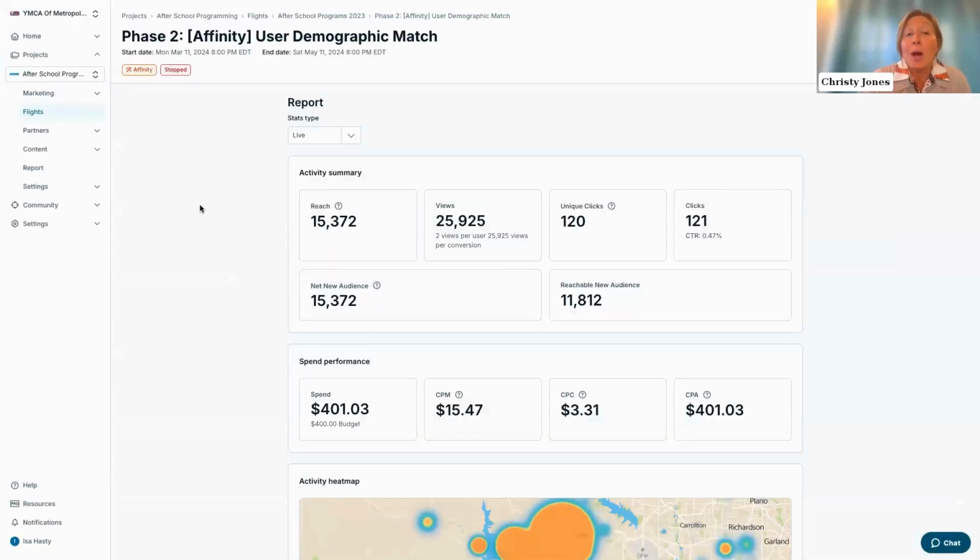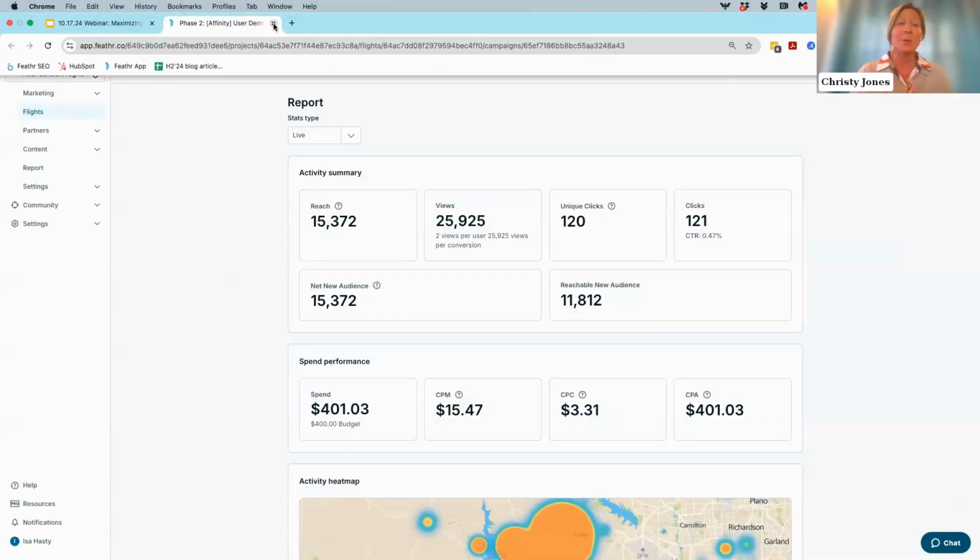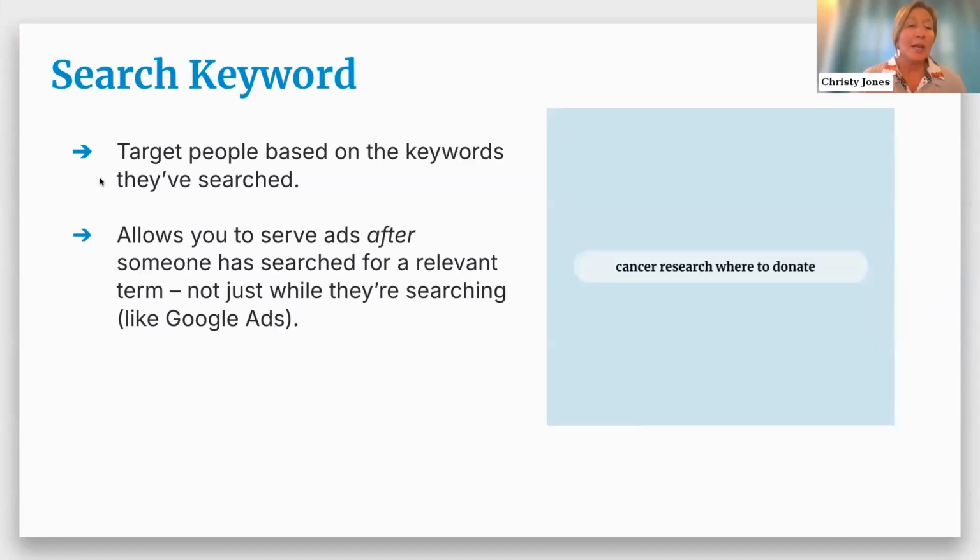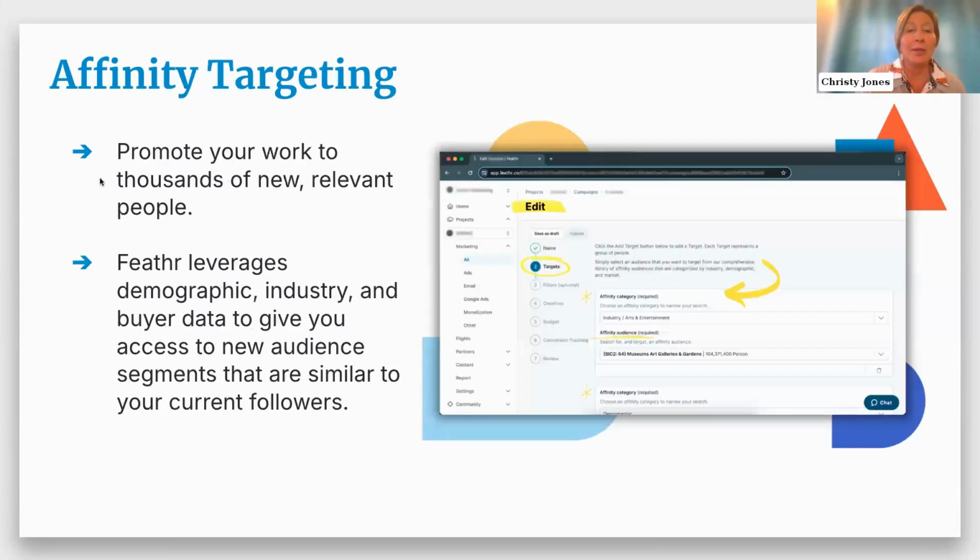Well, if you don't mind, I'll jump to a newer campaign, maybe not one of the ones that you and I spoke about. One of the areas we've been exploring with the Affinity campaign is our membership expansion, our member growth campaigns that we launched in mid 2024, August of 24.